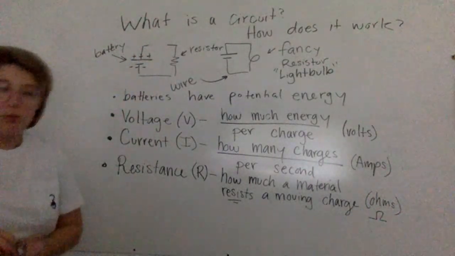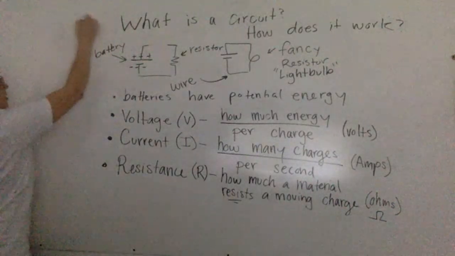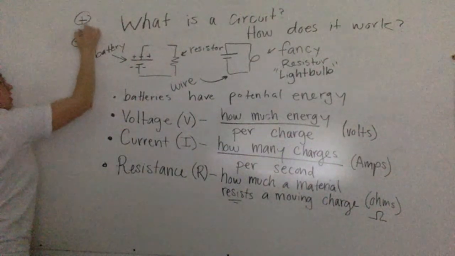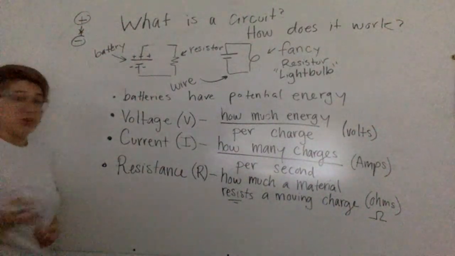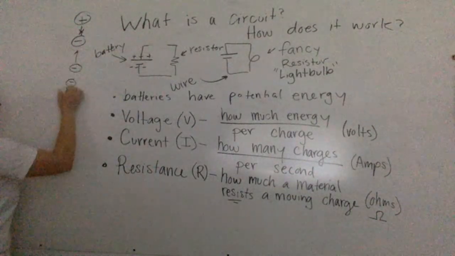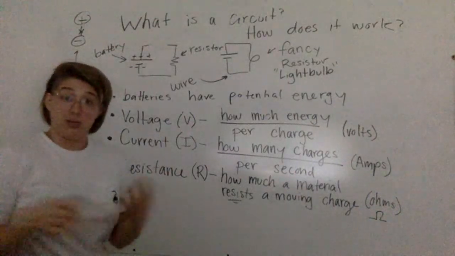Remember what we are learning about charges. If you have a positive charge and a negative charge, they're going to attract each other. If you have two negative charges, they will repel each other, and that's how your circuit works.